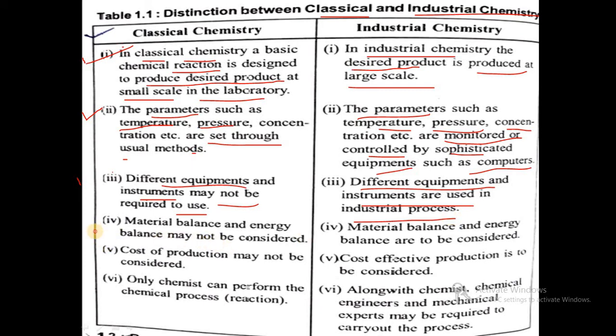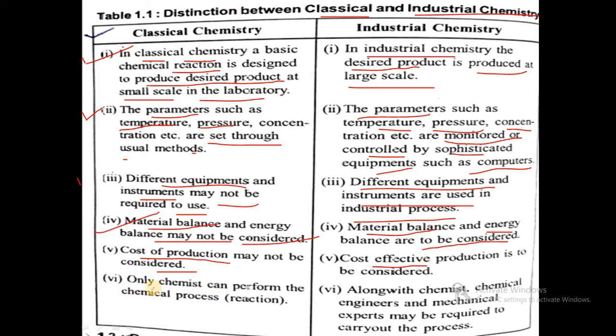In classical chemistry, material balance and energy balance may not be considered. But in industrial chemistry, material balance and energy balance are to be considered. That is the cost effective concept. So material balance and energy balance are necessary in industrial chemistry. In classical chemistry, cost of production may not be considered, but here cost effective production is considered because large scale production is necessary.